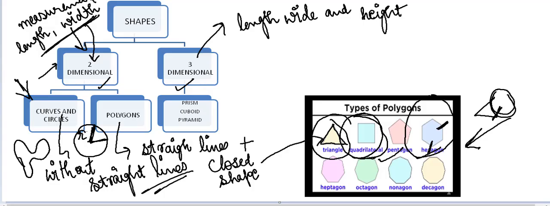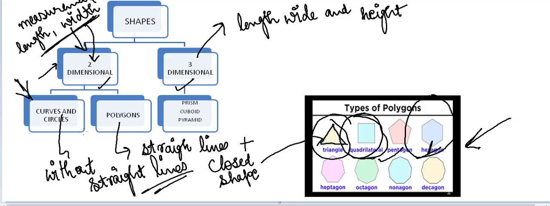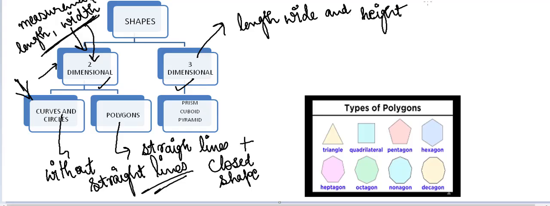For three-dimensional structure, we have prism, cuboid and pyramid. What is a prism? Prism is basically a structure that is a triangle with some width. Like this is a triangle.